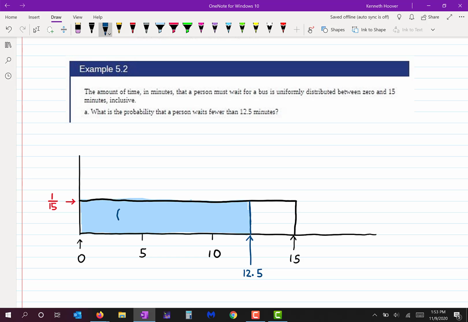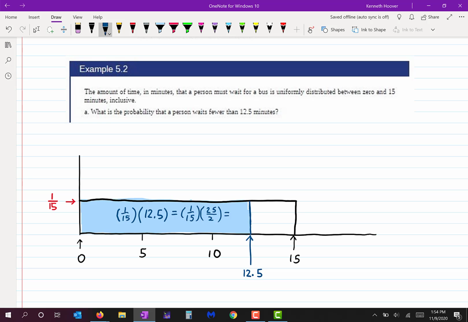That area has a height of 1/15 and a width of 12.5. So what's that equal? That's 1/15 times 25 halves, which equals how much?